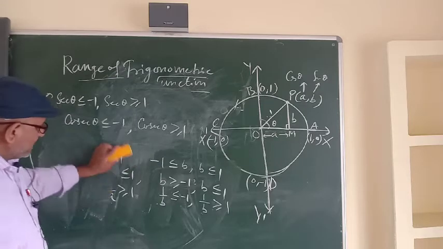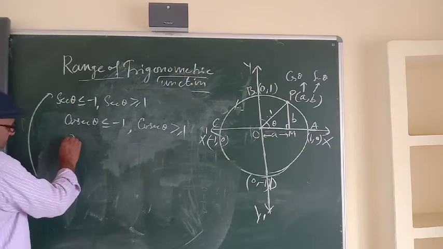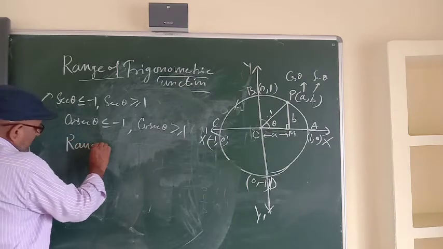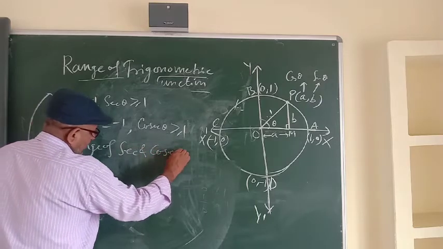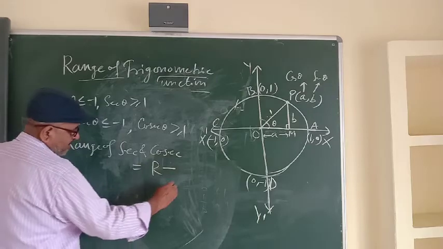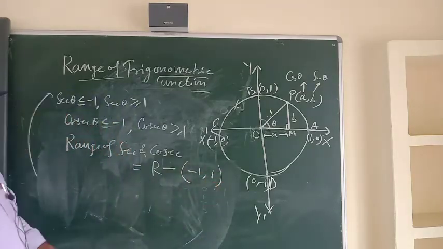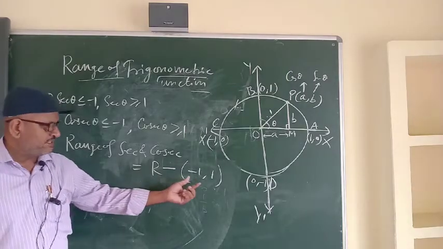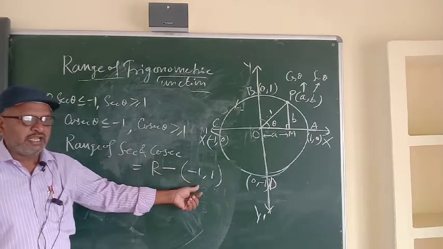So what will be the range of sec and cosec? Therefore, the range of sec and cosec is all the real numbers except -1 to 1. The value of sec and cosec does not lie in this interval.